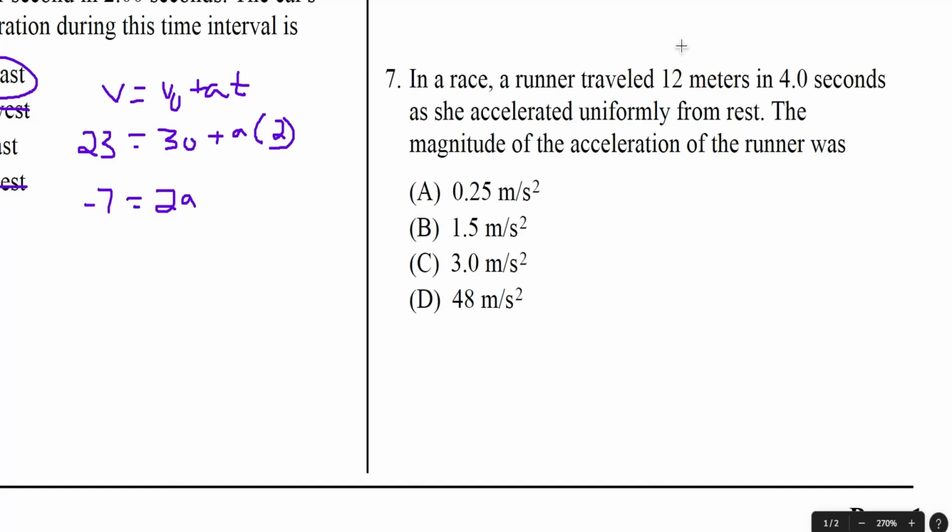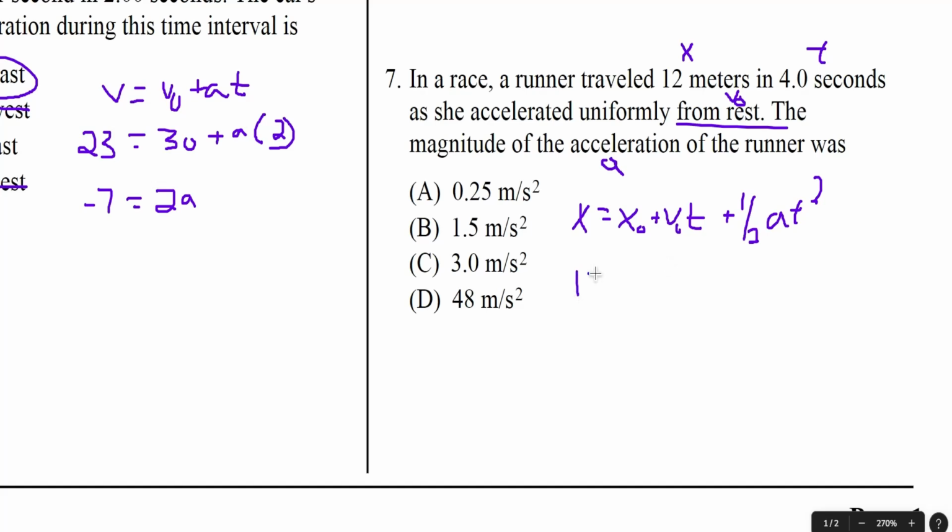All right. So we are told how far the object travels. So I'm going to say this is the final position at 12 meters. We know the time. We know that it starts from rest, which is my initial velocity, and we're looking for the acceleration. So I'm going to use the annoying x equation. So x equals x naught plus v naught t plus 1/2 at squared. We're going to plug our numbers in.